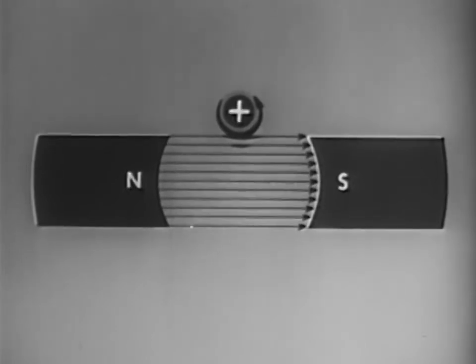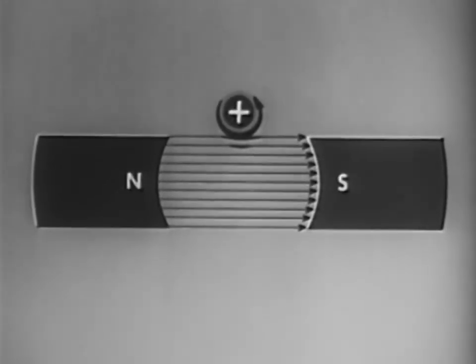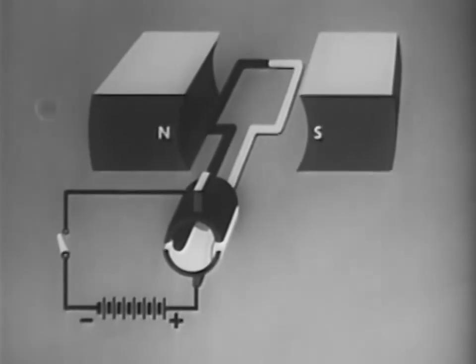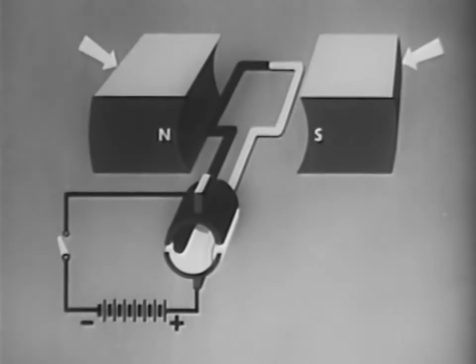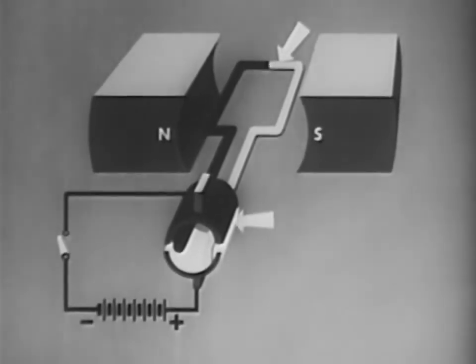With this basic principle of motor action understood, we can now examine the DC motor. The basic DC motor, like the DC generator, consists of a pair of magnetic poles, an armature made up of a single turn loop, a commutator, and a brush assembly.